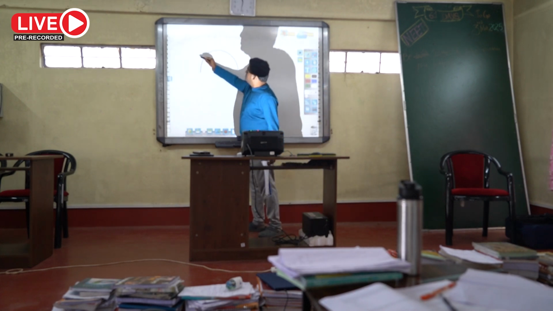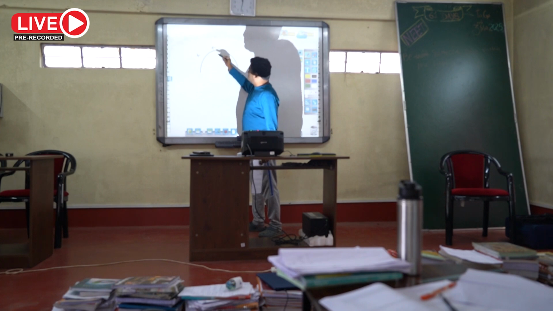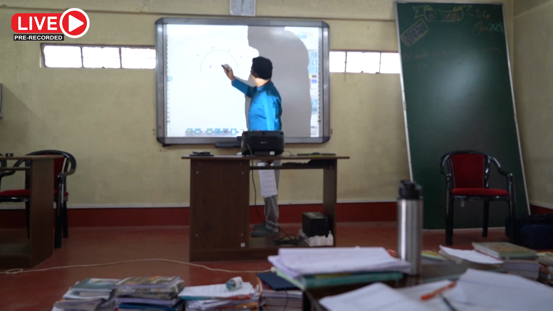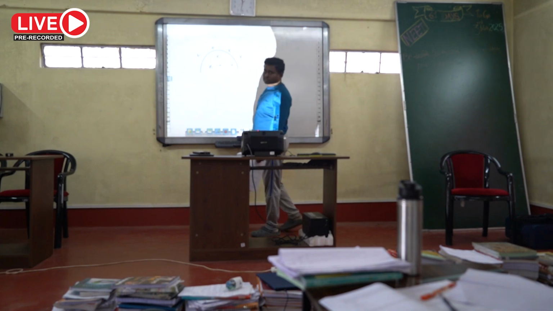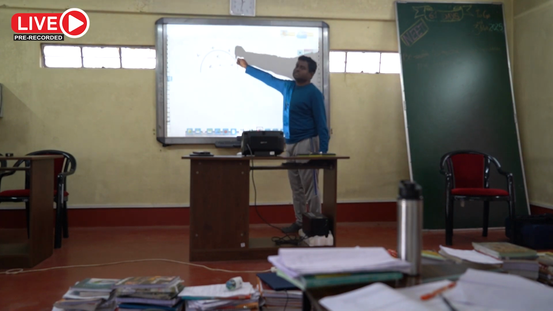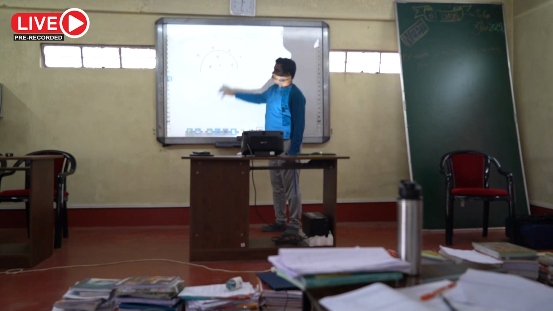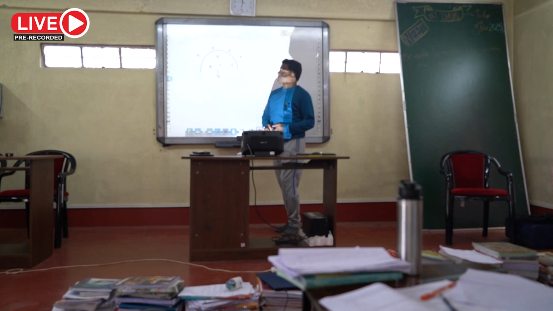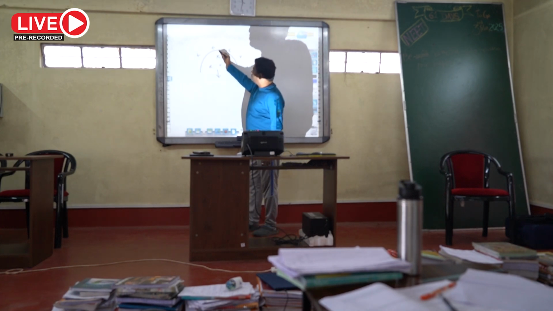The magnetic field is inside the board. The wire is falling like this, so it has a velocity in this direction. So consider any electron in the wire, suppose here.